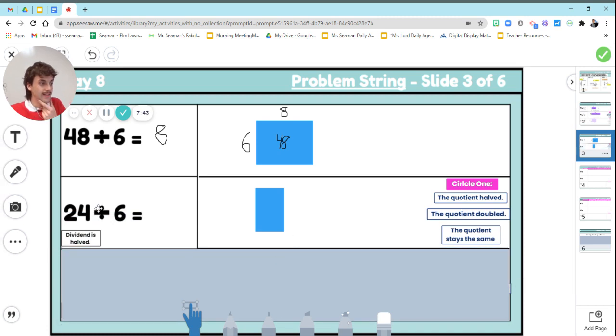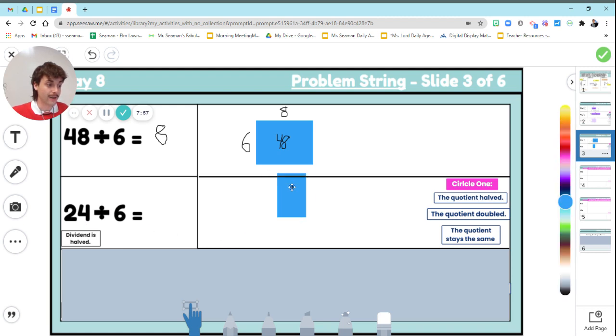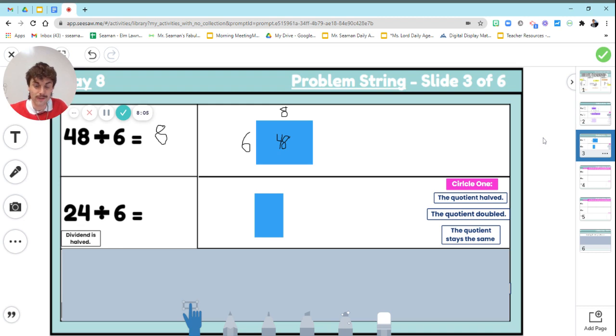What we notice is the divisor stayed the same, 6 stayed the same, but our dividend is now, instead of being doubled, it's halved. So what I did was I created an array model that was half the size of this square here, because 48, if we just cut it in half, gets us to 24.